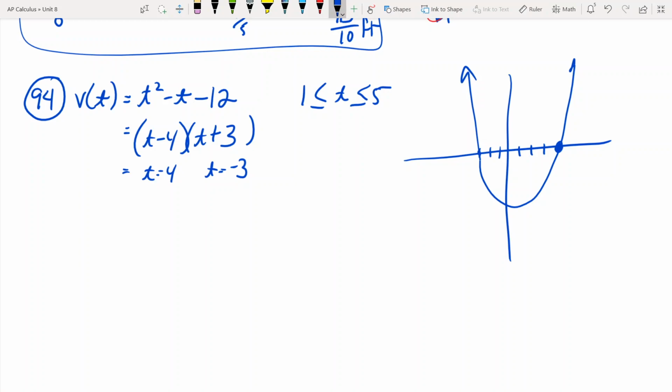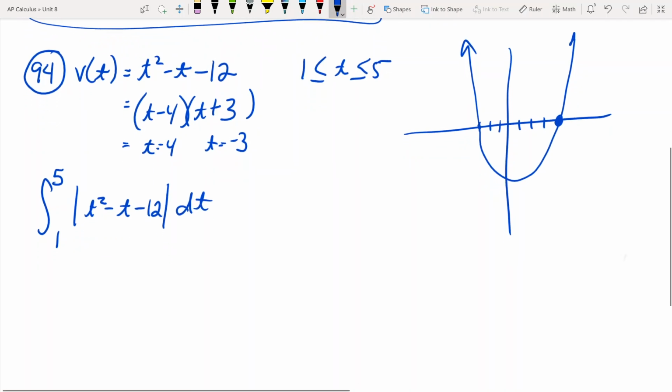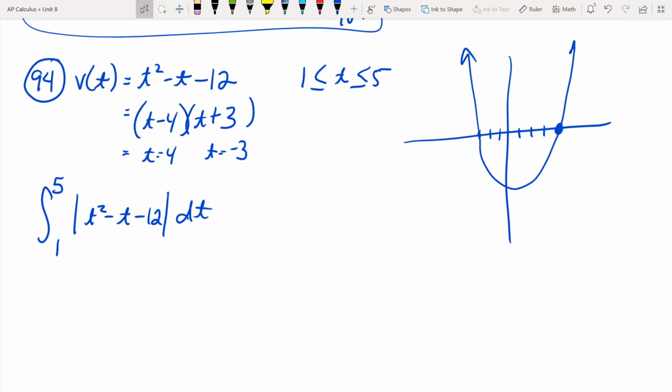What I need to figure out then is how to take the absolute value. To find the total distance traveled, we're going to go from 1 to 5 of the absolute value of t squared minus t minus 12 dt. If I'm going to take the absolute value, the piece that is above the x-axis, the output that's already positive, is going to stay positive.